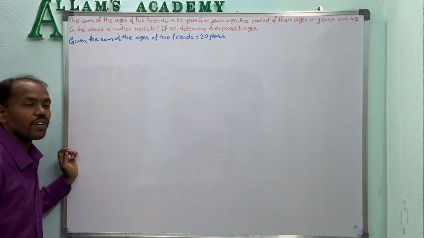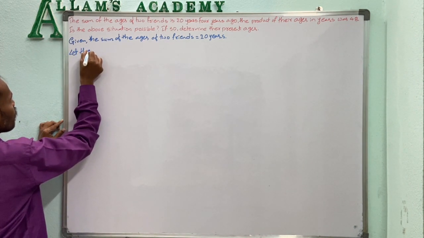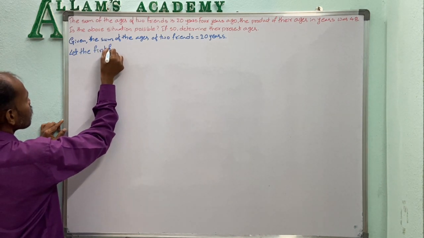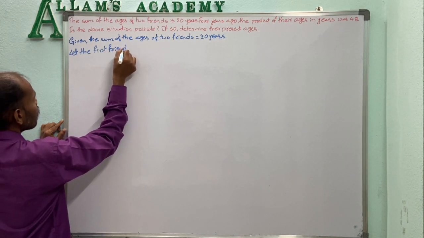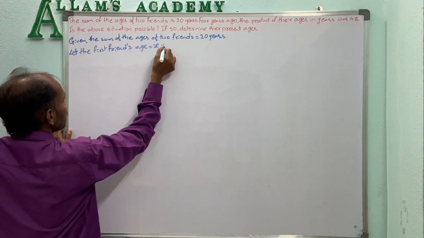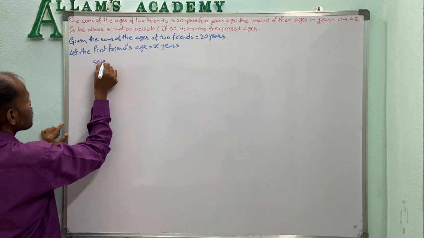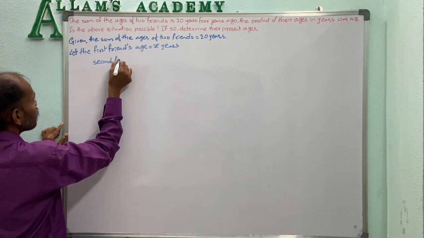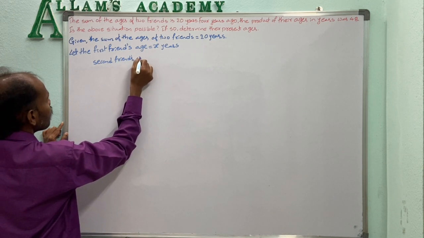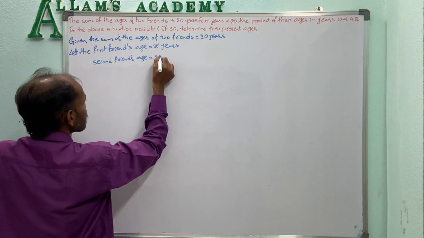So let the first friend's age equal x years, then the second friend's age is nothing but 20 minus x. Why?